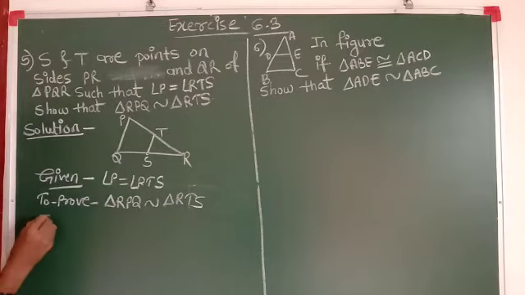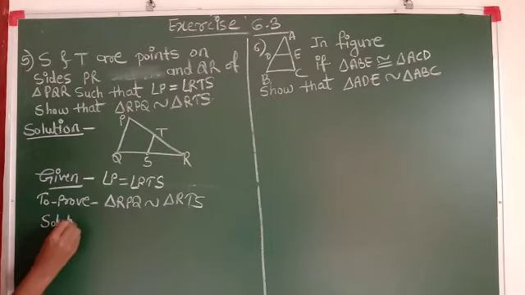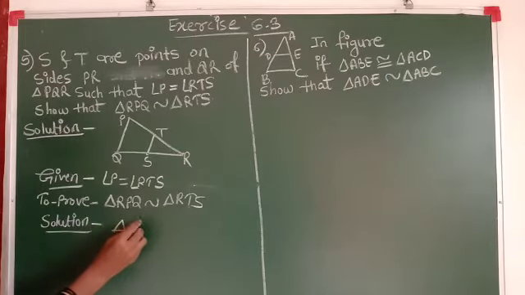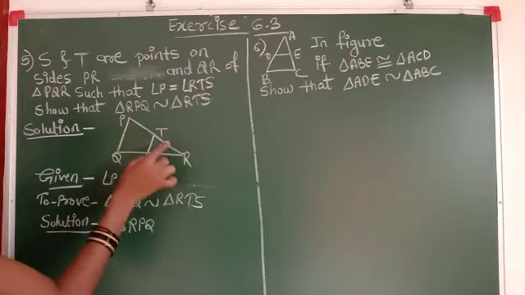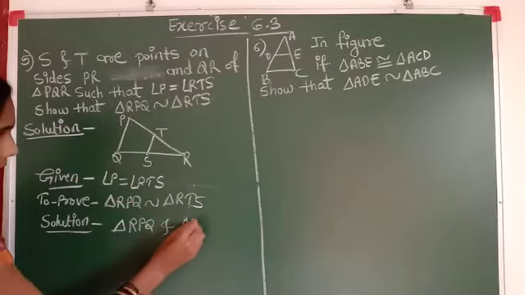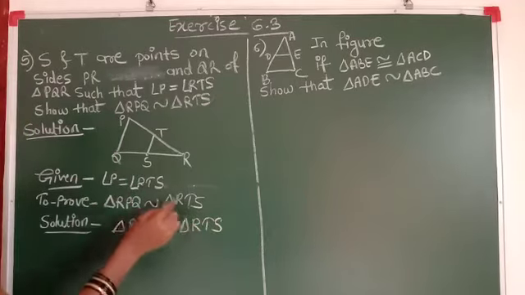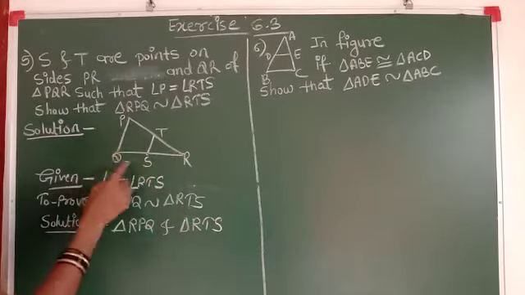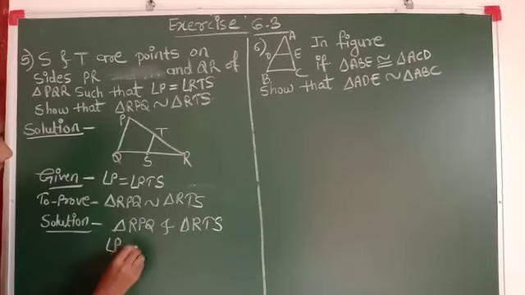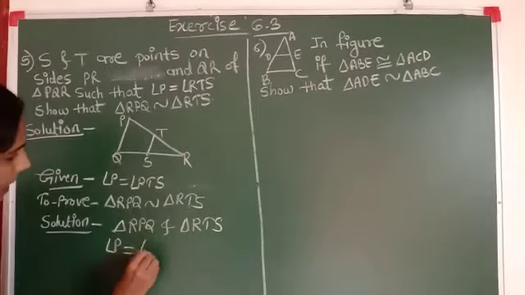Solution. In triangle RPQ and triangle RTS, angle P is equal to angle RTS, which is given.